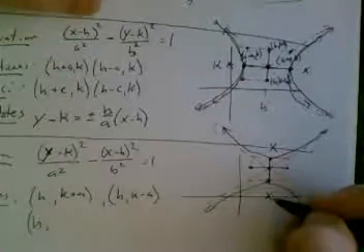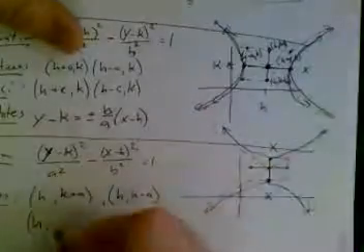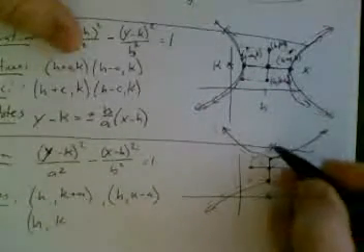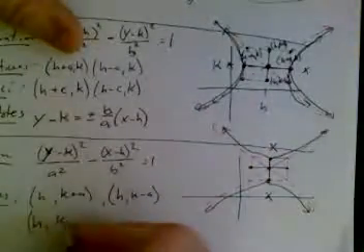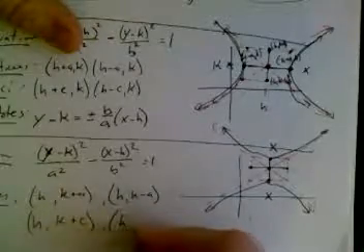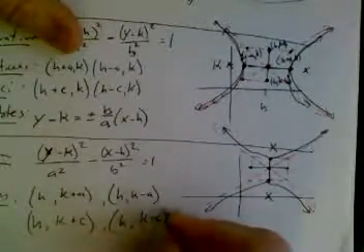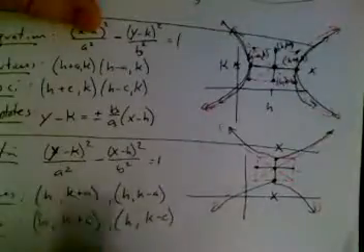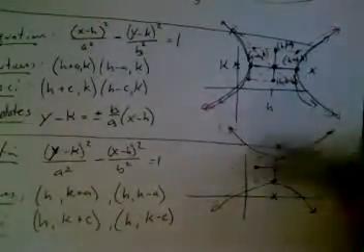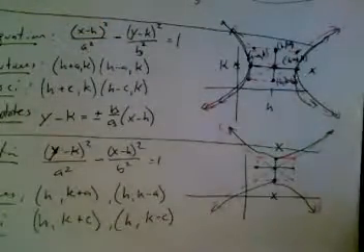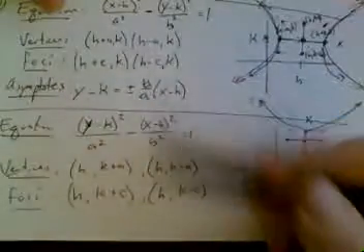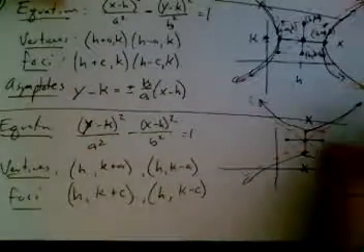So I'm going to go over to h, up to k, and either add the value of c or subtract the value of c. I don't see these things in terms of formulas. I look at the graph and I know where everything is supposed to sit. That's what I'm going to remember. But if you want to memorize these formulas and how to use them, that's perfectly fine with me.